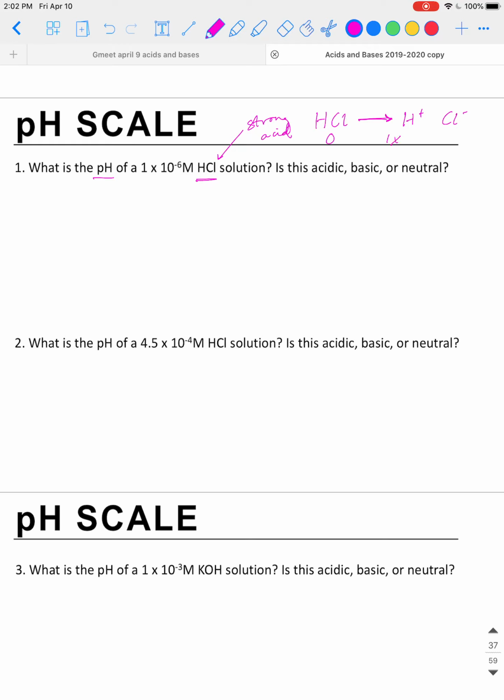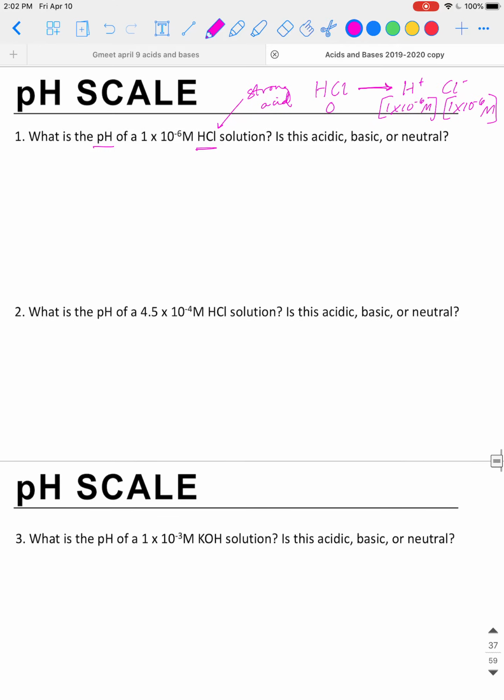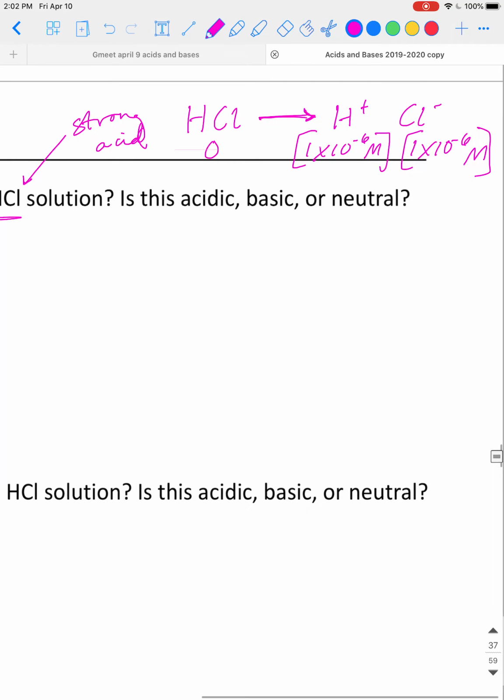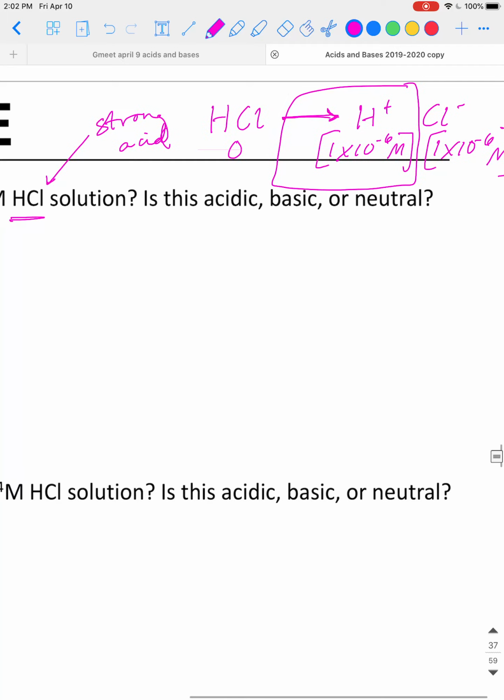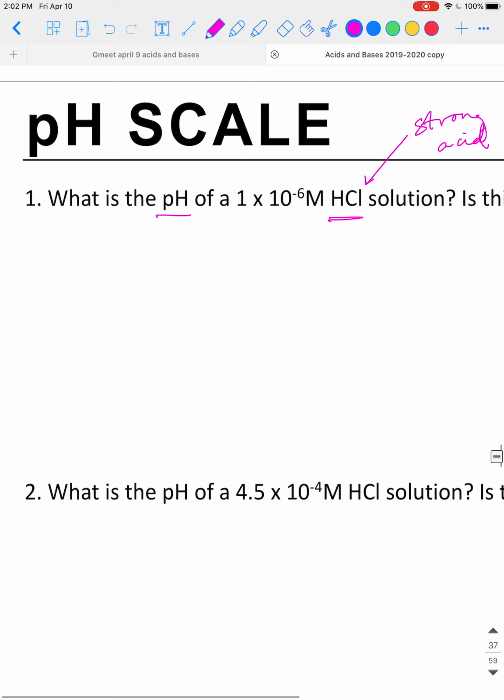So that means the concentration of H plus will be 1 times 10 to the minus 6 molar. Concentration of Cl minus will be 1 times 10 to the minus 6 molar. This is what it means when we have a strong acid. So from writing this out, we have determined our concentration of H plus. And remember, to solve for pH, that's all we need.